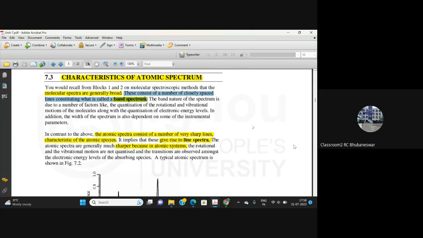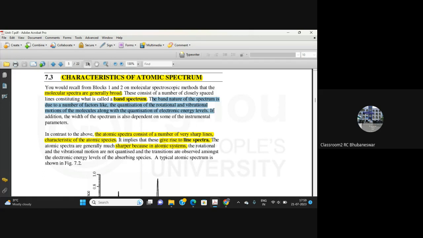The lines were there due to vibrational as well as rotational transitions, giving rise to a broad spectrum. The broad nature of the spectrum is due to a number of factors like the quantization of rotational and vibrational motions of the molecule along with the quantization of electronic energy levels.